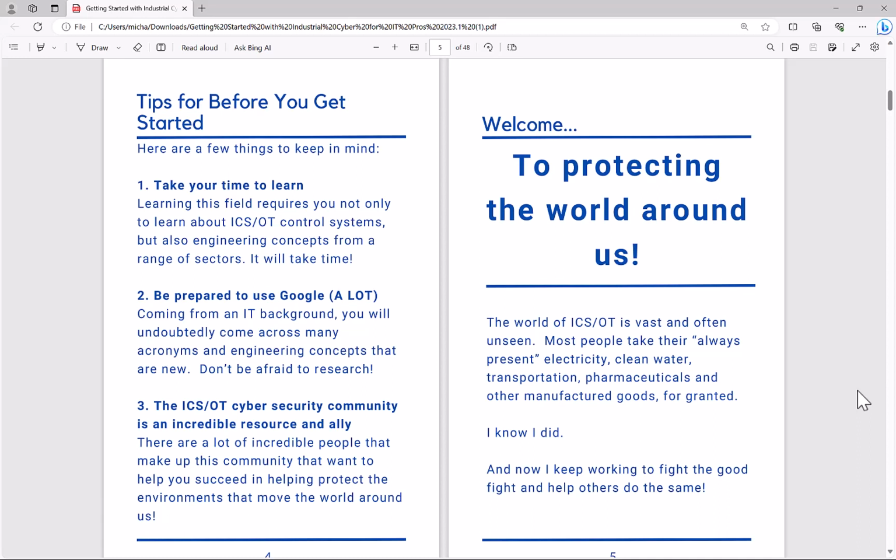So the idea is that it's important that we look at securing ICS environments, because I really do believe it's about protecting the world around us, whether it's a power plant or a manufacturing facility that creates insulin for people with diabetes, or maybe transportation, right?